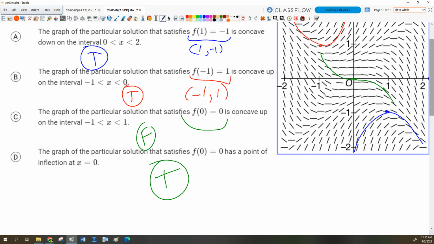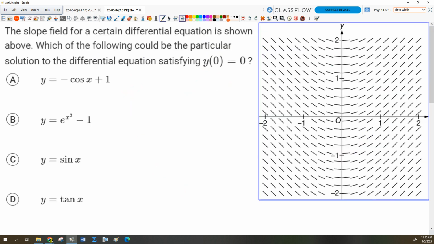Okay. Let's see. How about one like that? Okay. What do you notice here? Which of the following could be the particular solution to the differential equation satisfying y of 0 equals 0. So right there, okay? Well, what do you notice here? This thing has a horizontal tangent at 0, and it looks like it's doing something like that.